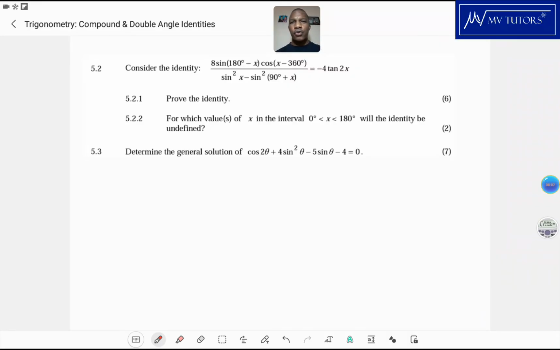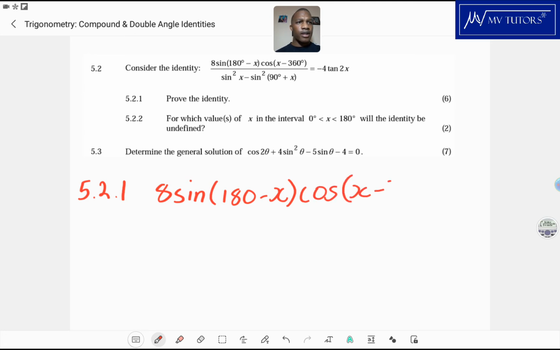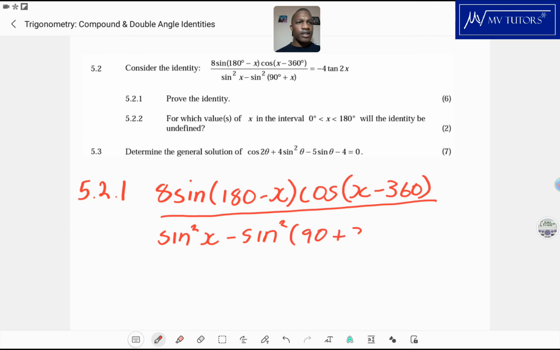Okay, so now we can do the question that we had in the beginning. We have all the tools that we need. Let's start with 5.2.1. It says prove the identity above, and we've been given 8 sine of 180 minus x, times cos of x minus 360, and then this is all divided by sine squared x minus sine squared of 90 plus x.